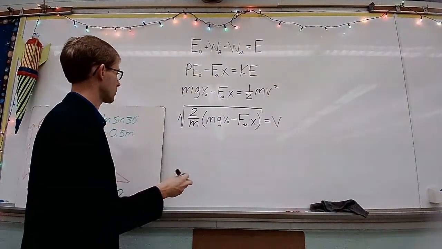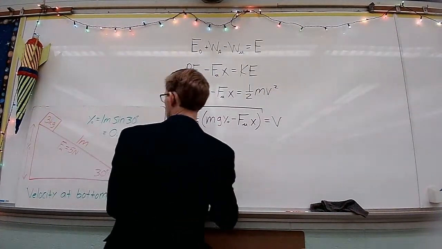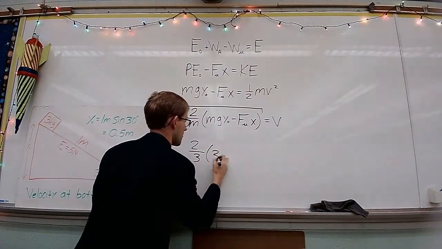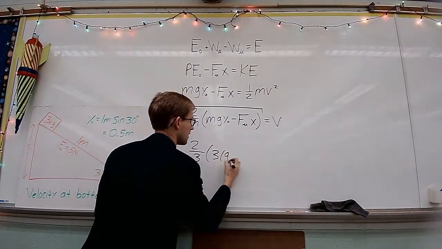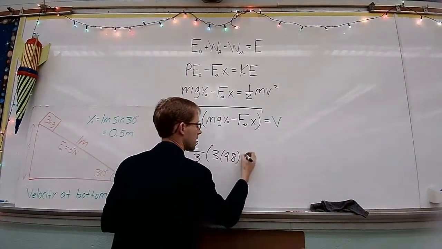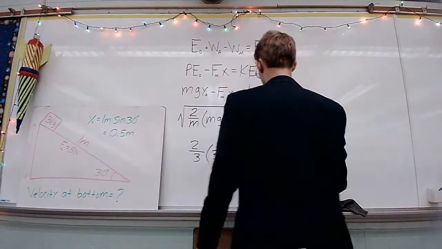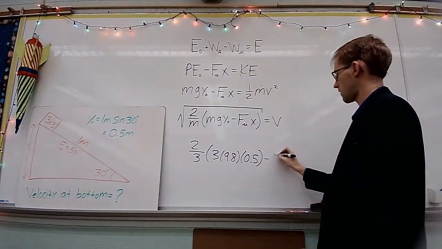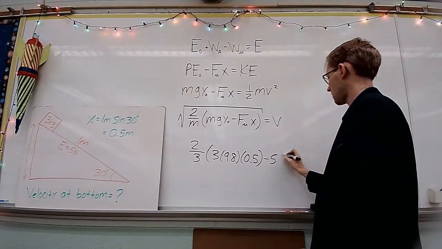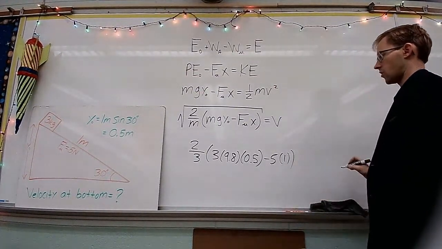So let's just put our numbers in here. Mass is 3 kilograms. G is 9.8. The height is 0.5. Force of friction is 5 newtons. And the distance is 1 meter. I think I got all the parentheses there.